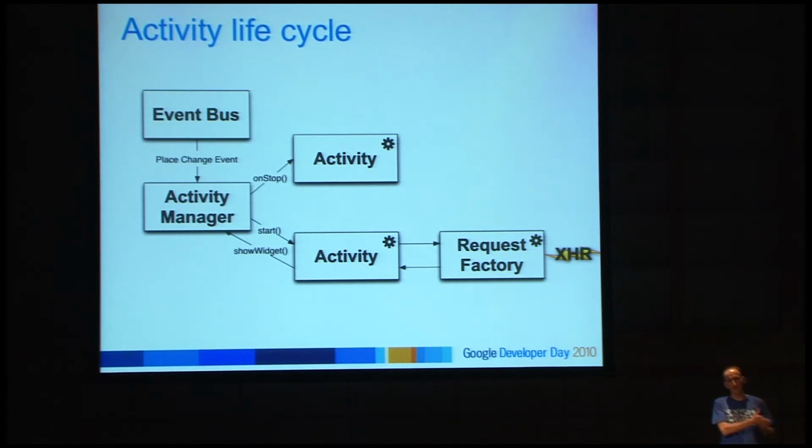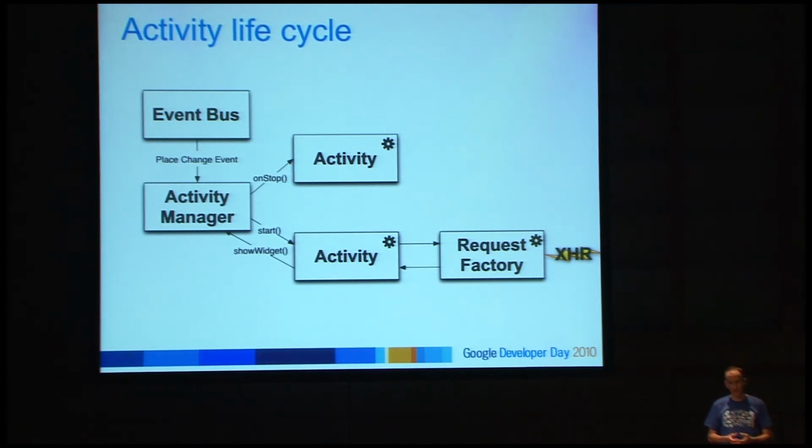The existing activity, which was something else in the application, now has an opportunity to clean itself up, to shut itself down, maybe to display a notification dialog that says, "You're about to lose some data. Are you sure?" Once that call returns, the activity manager can call the start method of the new activity.